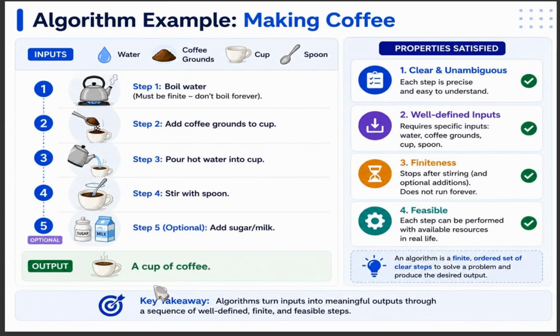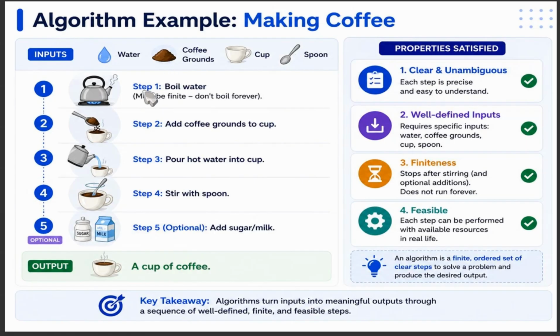Let me give a simple algorithm example: making a cup of coffee. The inputs are water, coffee grounds, a cup, and a spoon.